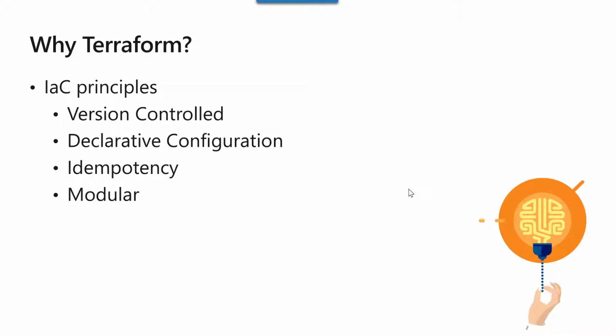The second part is more important, declarative configuration. Now, the traditional or typical way of automating your infrastructure deployments and provisioning is that you write a bunch of scripts which are more procedural in nature, right? You create a script that has n number of steps.